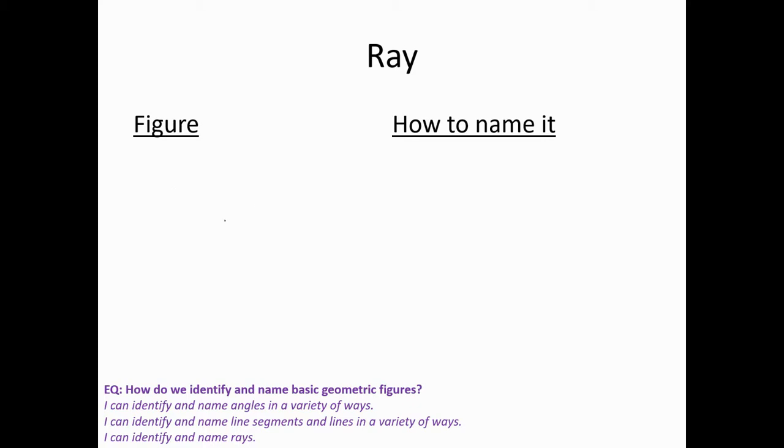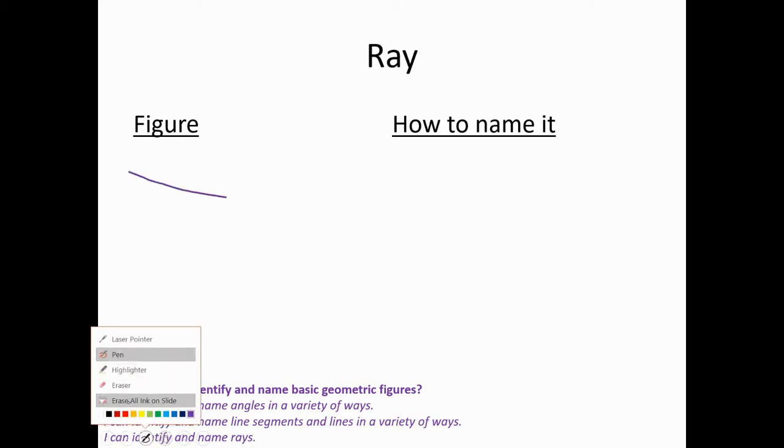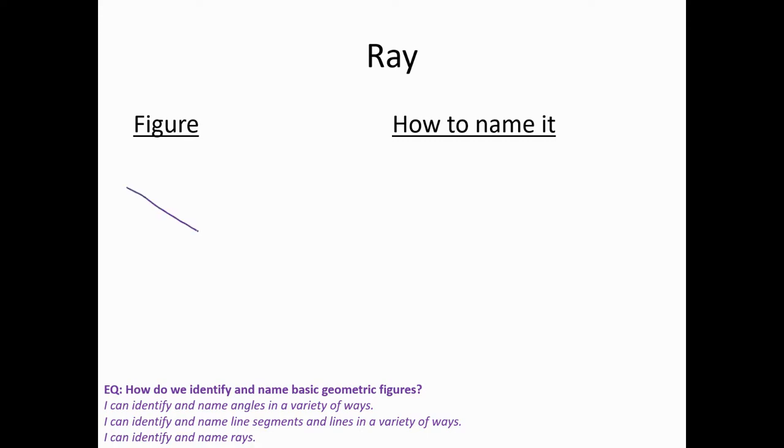Can look a couple of different ways, and I'm going to draw this one a little bit funny for us. Okay, there we go, ish. So a ray is also a piece of a line, but this type of figure actually does continue forever in one direction.